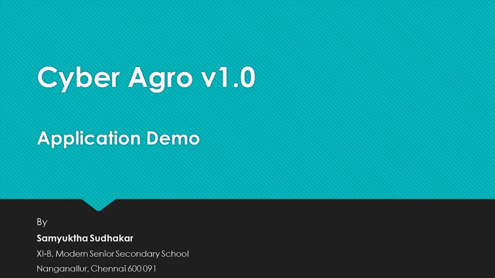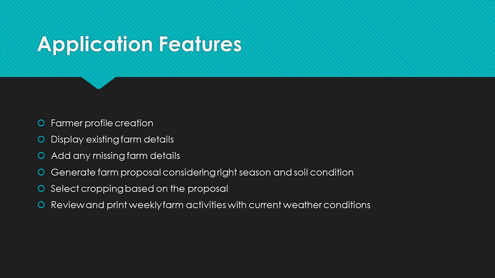we consume. So, the features that you could see in this tool are that a farmer can create his own profile, he can view his farm details, the ones that he owns or the ones in which he goes and cultivates. And if he wants to add any details of a farm recently, he can also do that.